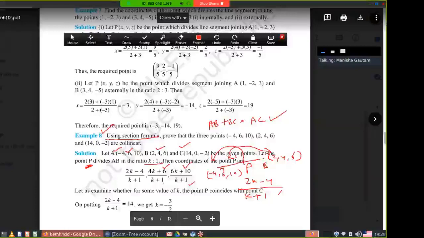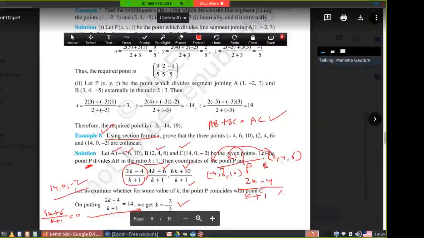It means C is having coordinates 14, 0 and -2. If I put the first coordinate equal to 14, you will get K equal to -3/2. If I put 4K plus 6 upon K plus 1 equal to 0, again you will get the same ratio, -3/2.